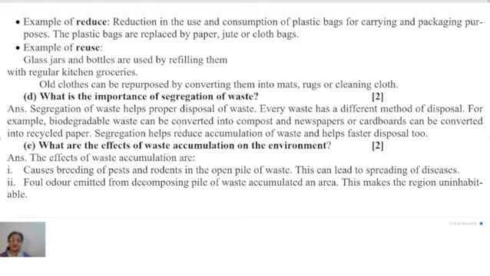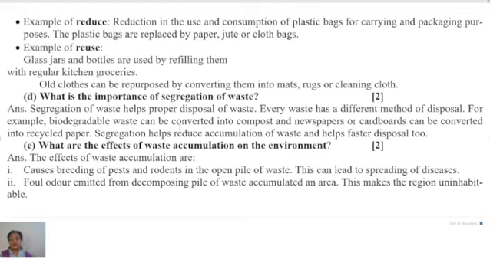So foul odor emitted from the decomposing pile of waste accumulated in that area can again cause harm to the people. So all such conditions make that area uninhabitable, right? It's not healthy for the people or any of the living beings to survive there. So these are the effects of waste accumulation on the environment.